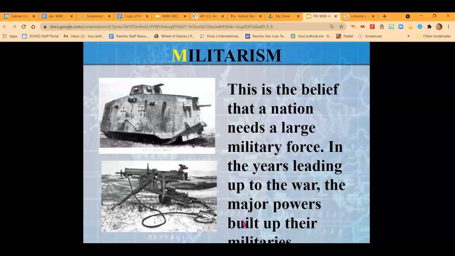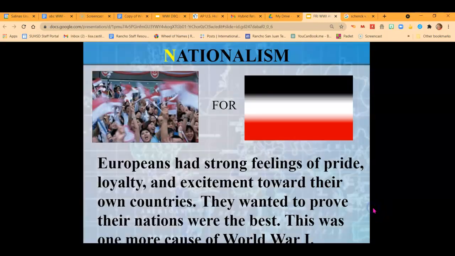And then all of a sudden, Italy looks and says, oh, maybe we should build up our military too, because then what if they attack us? And then France does the same, and then all of a sudden everyone's building up their militaries until something happens and they end up attacking each other, which is what happens. So militarism is a cause for World War I.